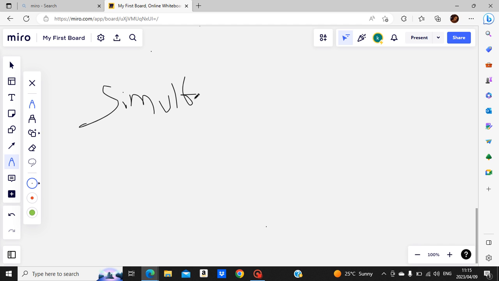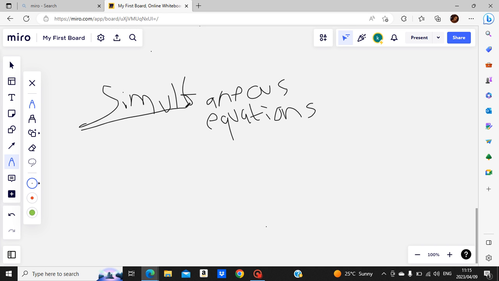Simultaneous equations. So what do you understand by simultaneous equations? When you say simultaneous equations, what comes to your mind?